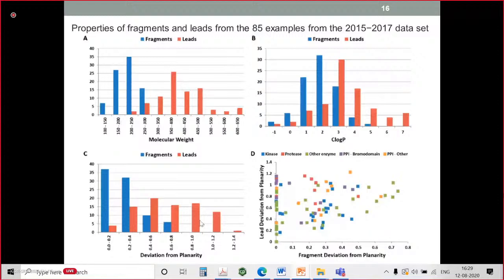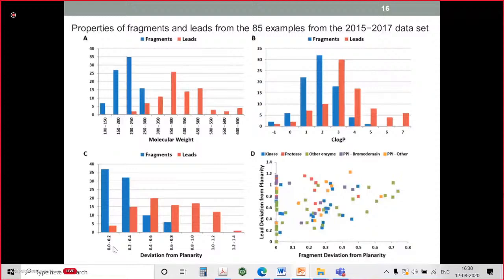So now coming to the next part, where they also compared the planarity of the molecule. Fragments, as I showed you initially in the example of Gleevec, are mostly planar. They follow planarity very much, and their RMS is near around 0 or 0.2.